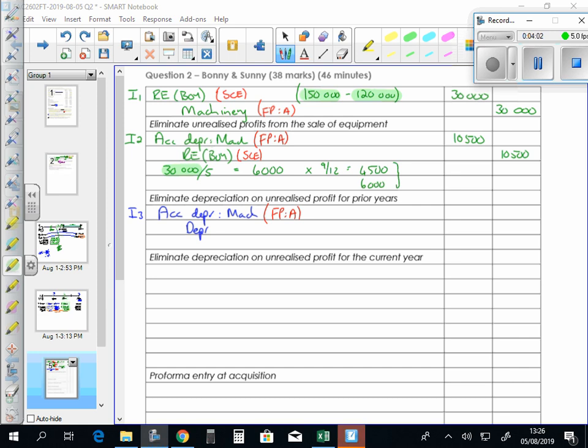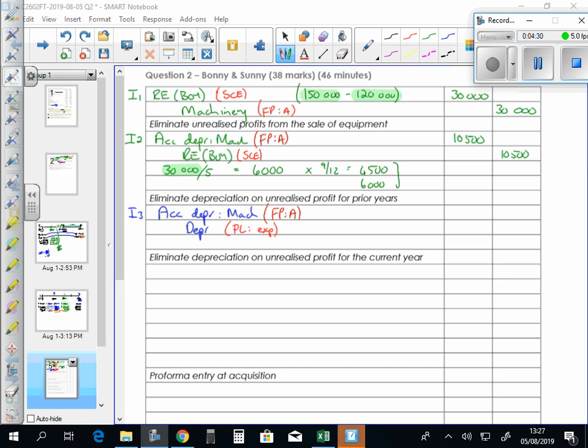Happy with that? But if you'd made a loss, then you've depreciated too little, because you must depreciate the carrying amount to the group, not the marked down price. Then you need to add depreciation. So if it's a loss, you just turn the entries all around. It would be calculated the same way, yes. Just the entries will turn over. All right, depreciation would affect this year's statement of profit or loss.